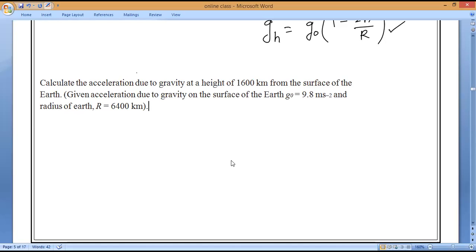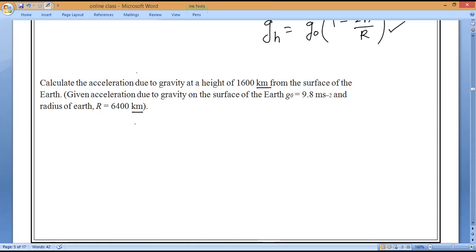Now write the given data, all of you. Calculate the acceleration due to gravity at a height of 1600 kilometers. Both are in kilometers only. Is it necessary to convert to meters? Not necessary, everybody. That is what you have to remember.